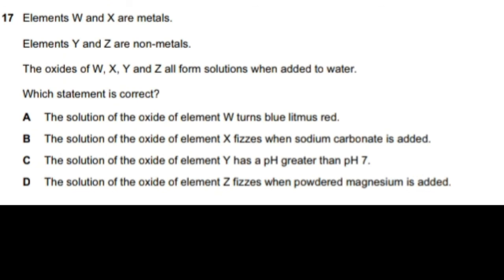You have four statements given here. The correct statement is: the solution of the oxide of element Z fizzes when powdered magnesium is added. I told you Y, Z are non-metals, non-metallic oxides are acidic. The acidic solution will react with magnesium powder and produce hydrogen gas, so there will be fizzing. So this is the correct statement, D is the answer.